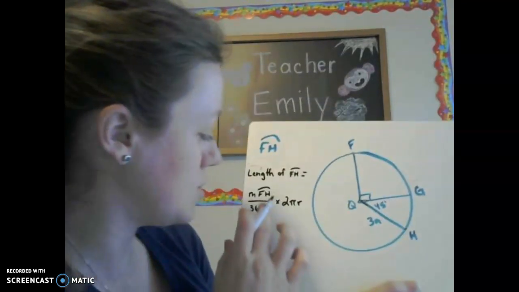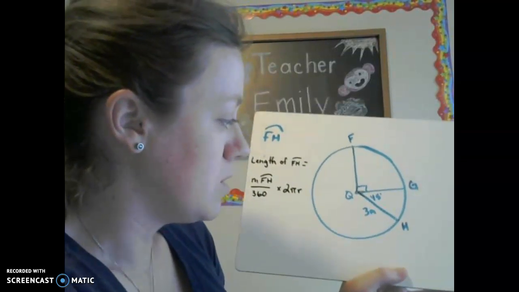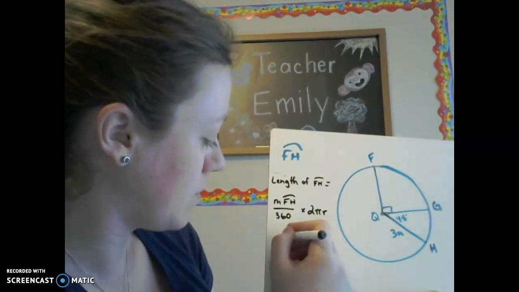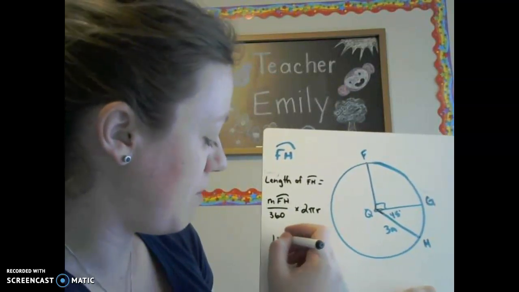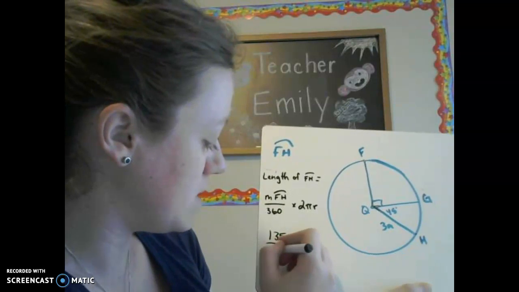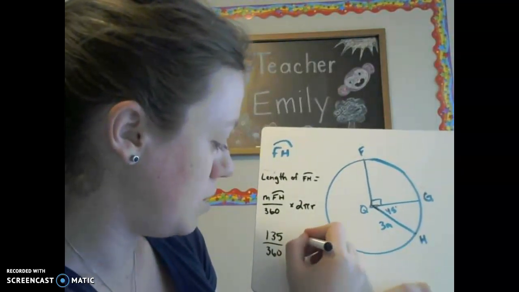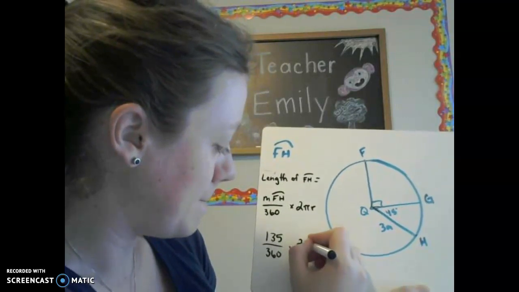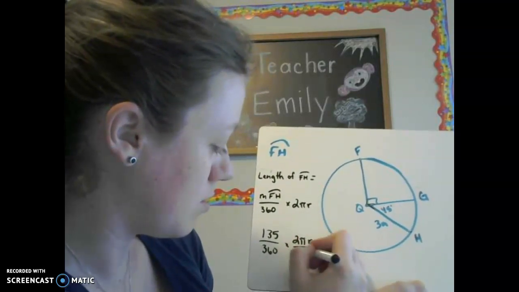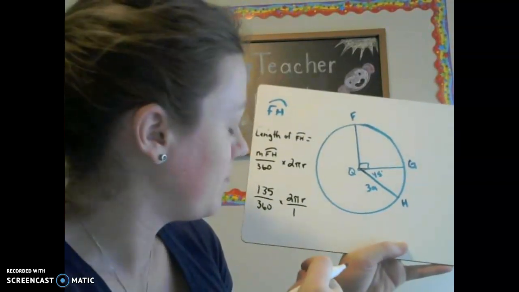So to get the measure of arc FH, we just need to add that together. So that's going to be 90 plus 45 is 135 divided by 360 times 2 pi r over 1. I like to do that so that it matches up as you go along.